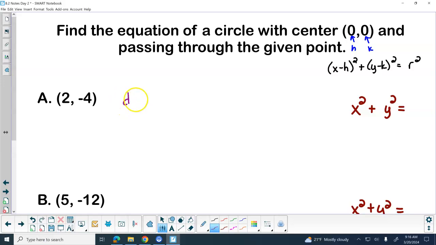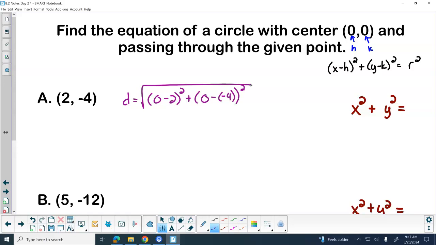So the distance here is going to be 0 minus 2 quantity squared plus 0 minus negative 4 quantity squared, and then I got to take the square root of that.